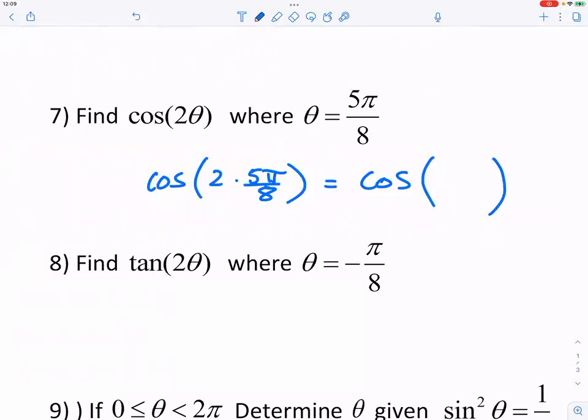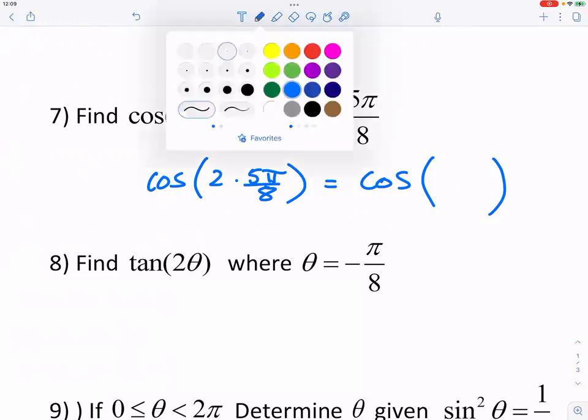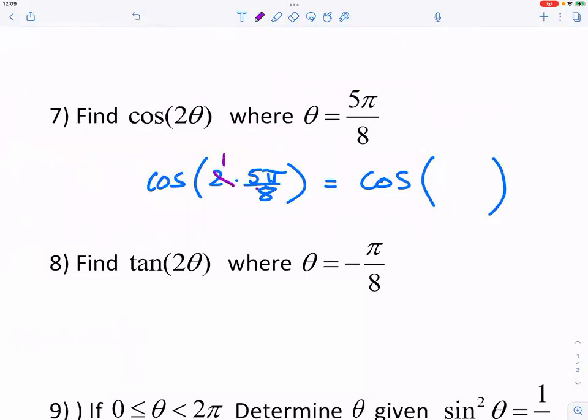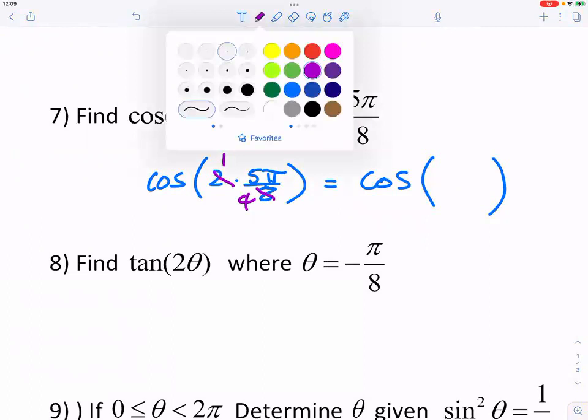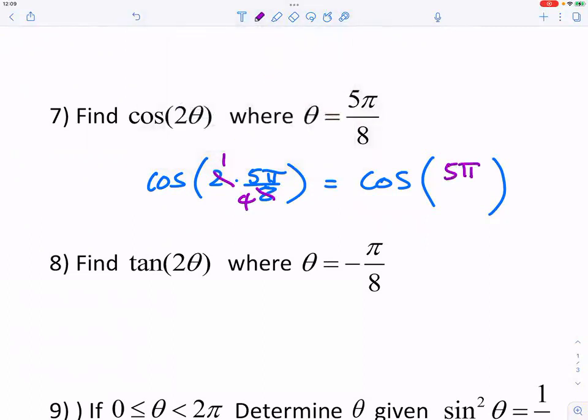Learn how to simplify before multiply. Make this a habit, because if you simplify before you multiply, it actually makes your life a lot easier. Because after you simplify it, you may not need to multiply at all. In this case, you just have 5 pi over 4.